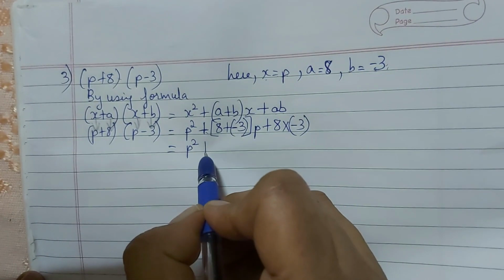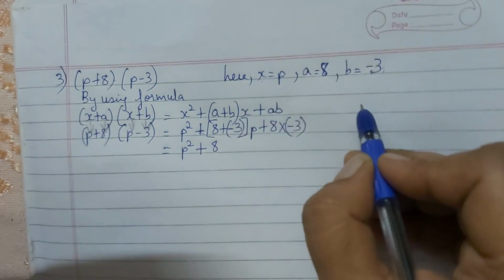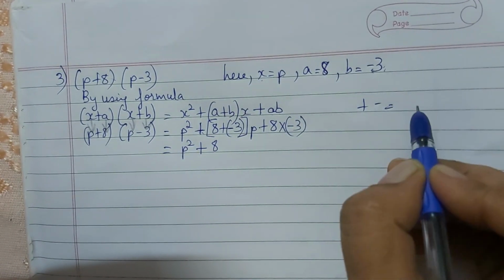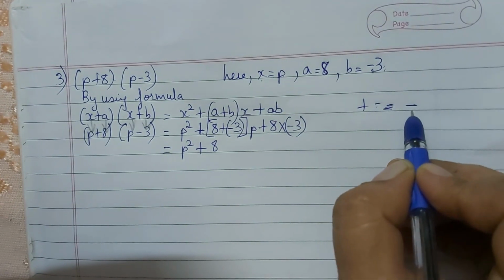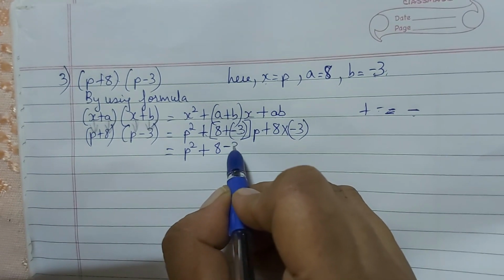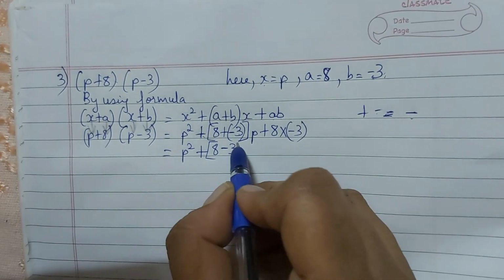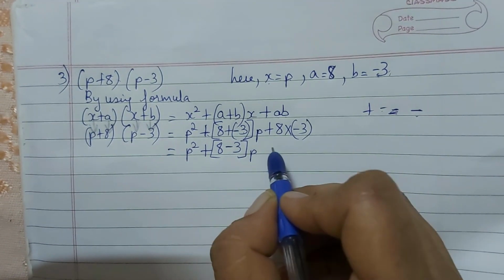Now plus sign 8 plus and minus is what? Plus and minus is equal to minus. So plus and minus is minus, and this 3 we will put here. We will put this bracket here, and we'll put this p.